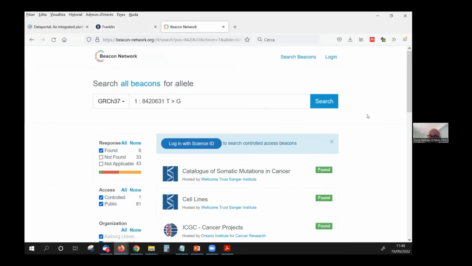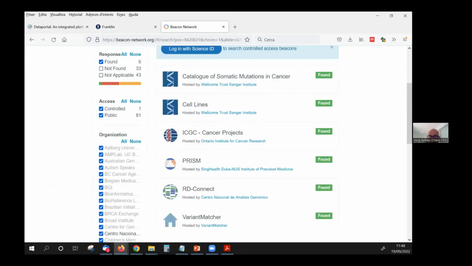And we could also see the information in Beacon, and you could see that besides RD-Connect, there are other projects that also show this variant, for example, the ICGC cancer project, but also COSMIC, also related to cancer and cell lines.